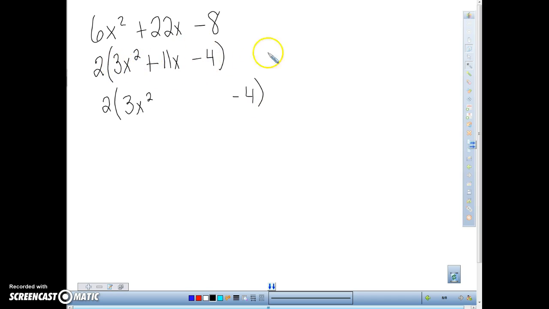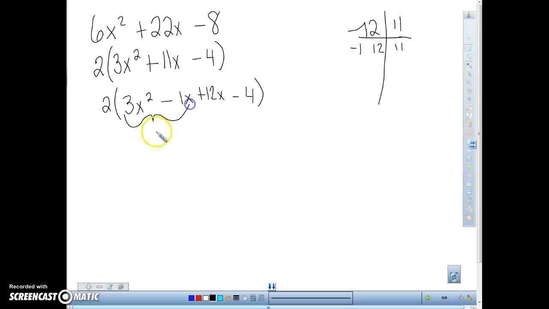So you multiply your 3 and your negative 4, so negative 12. What will multiply to give you negative 12 but add to give you positive 11? So negative 1, positive 12. And then that's our answer there. So I'm going to put the -1 with the 3 and the 12 with the -4.